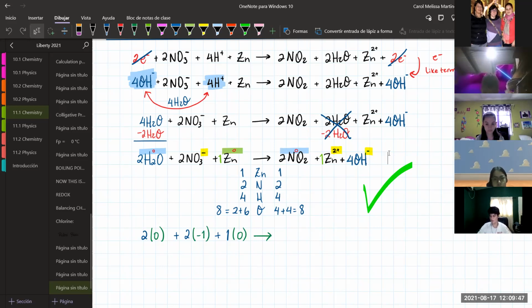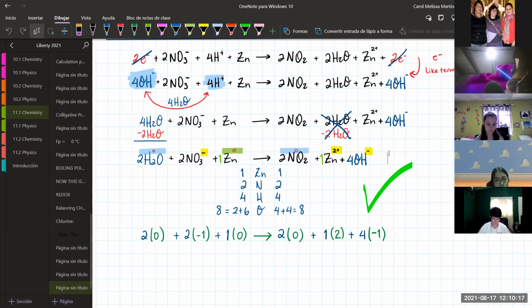I have two nitrogen dioxide that has a charge of 0. I have invisible 1 multiplying the charge of zinc 2 plus, that is positive 2, and I have 4 as a coefficient, that is multiplying the charge of hydroxide, that is negative 1.